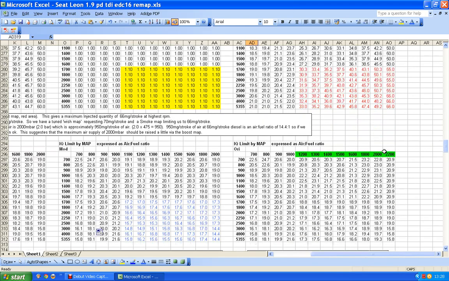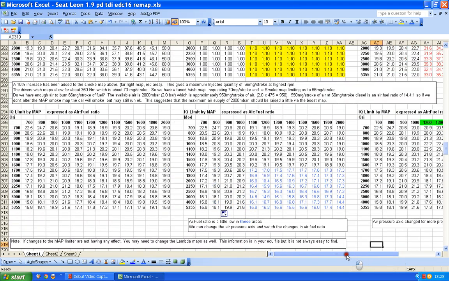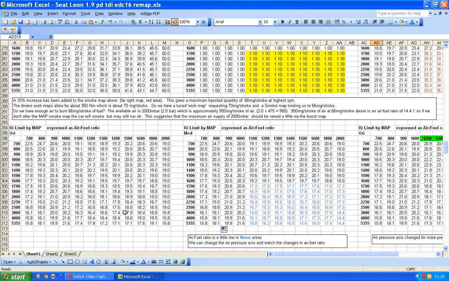Now what I've done underneath here, just here, is use the same information, but I've changed it to air-fuel ratio. So there's the original map expressed as an air-fuel ratio, and here's the modified map, so that one over there, expressed as an air-fuel ratio.